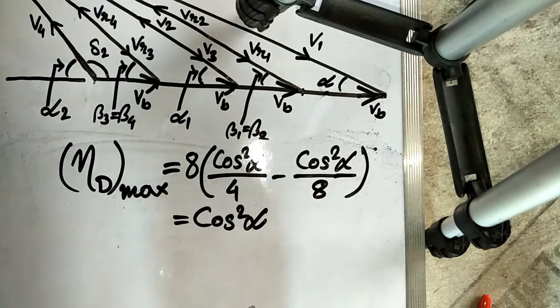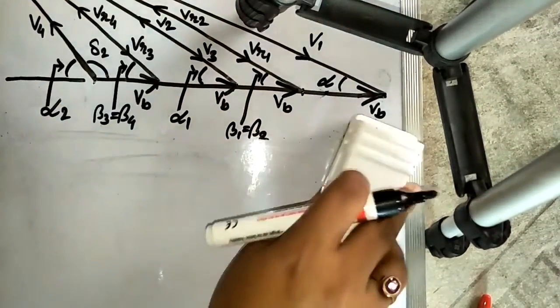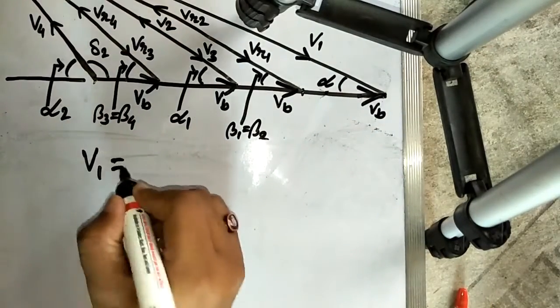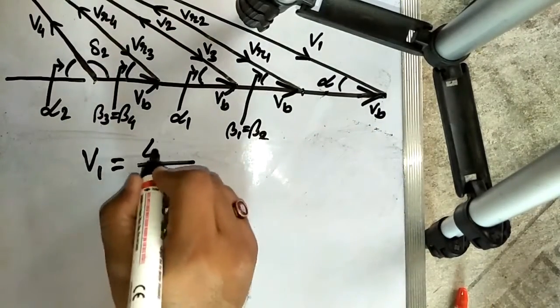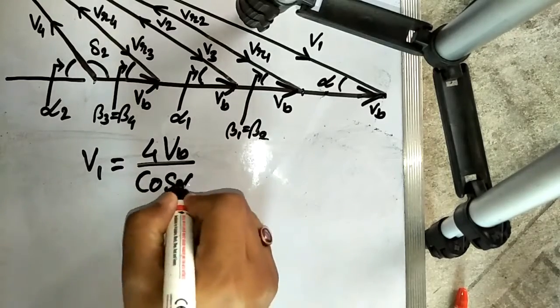However, had friction been taken into account, the blading efficiency of Curtis stage would have been considerably lower than the efficiency of a simple impulse blading. And the steam exit velocity from the nozzle, that is V1, becomes 4 VB by cos alpha.